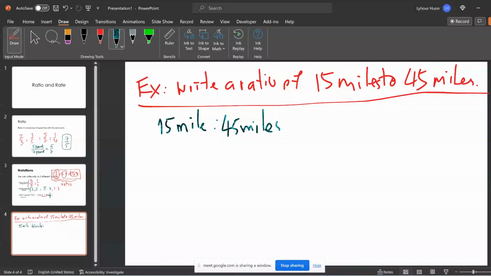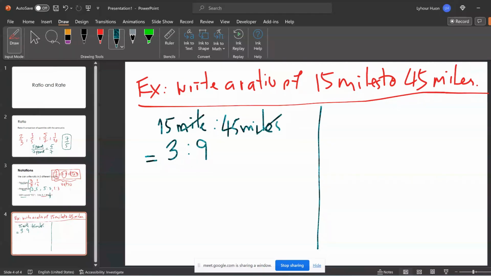Can we simplify them? Yes. Are you familiar with the colon and simplifying? It's okay. First of all, can we simplify the units?